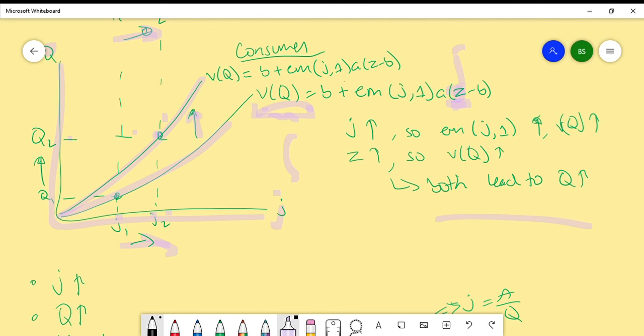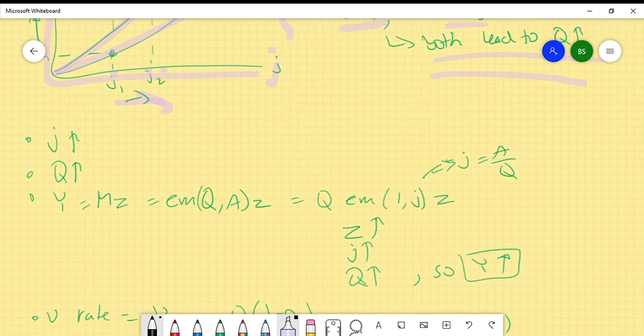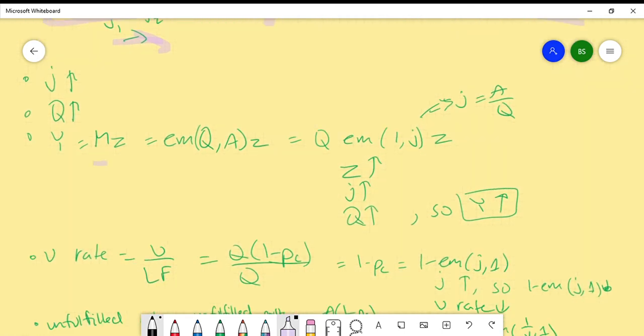We also know that J increases, so EM(J, 1) increases, so Q increases. Both effects lead to Q increasing, so the net effect is that Q increases. So Y equals MZ equals EMQAZ equals QEM, etc. We know that Z increases, that's the original change. We also know that J increases, which is one of the subsequent effects. And Q increases, which we just learned. So all of them lead to Y increasing.